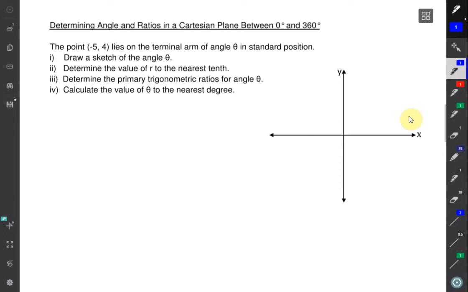One way that the arm can be denoted in the Cartesian plane is to give a point that shows the endpoint of the arm. So in this case, the endpoint of the arm is -5 and 4. We're going to just sketch an approximate location of this arm.